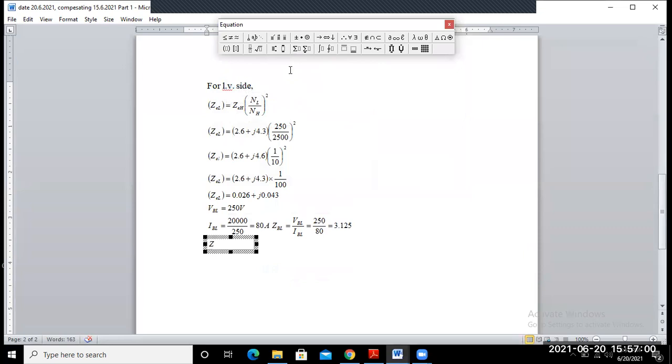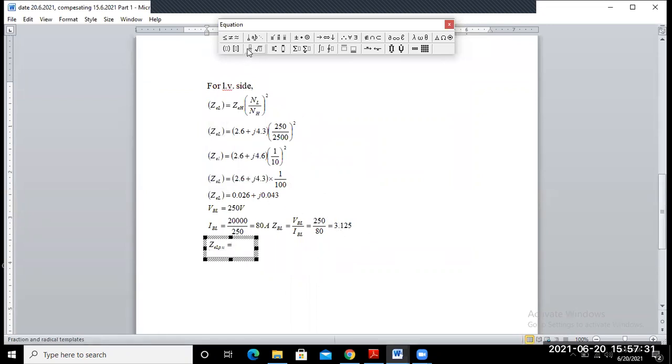ZEL in per unit is equal to Z in ohm divided by the base value. So this value divided by this one.